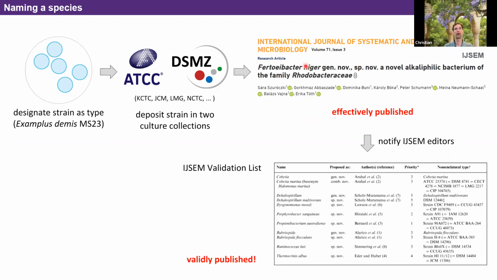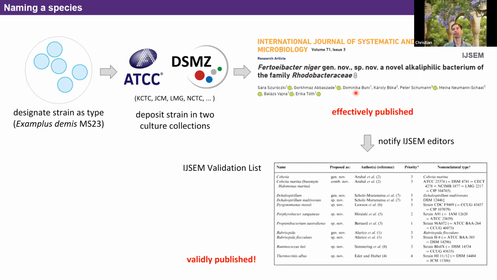It's easier though to publish it in the International Journal of Systematic and Evolutionary Microbiology, or IJSEM for short, because that is usually screened for novel names, right? So it makes it easier for the ICNP committee to actually find those new names, I would say, right? So once that is accepted and published, then your paper is effectively published.